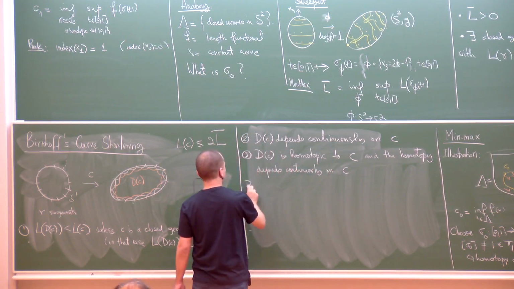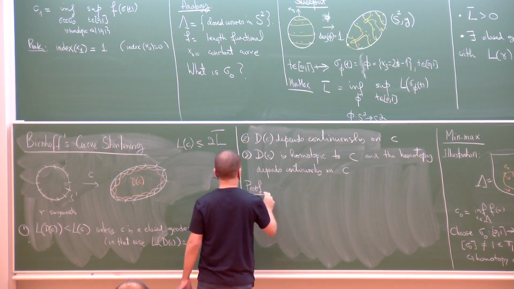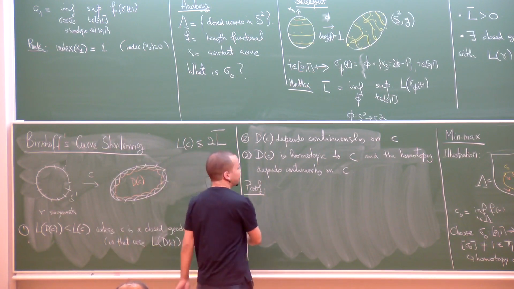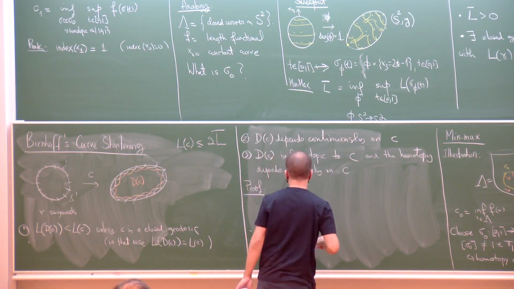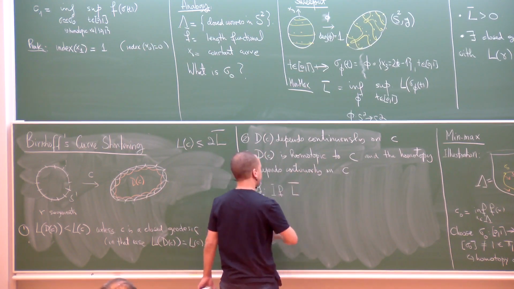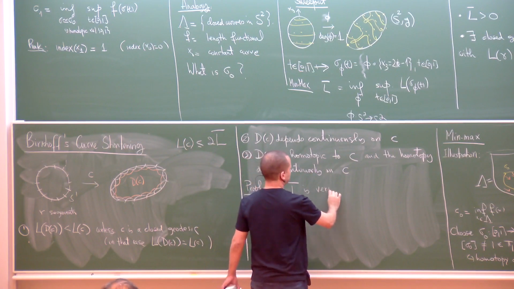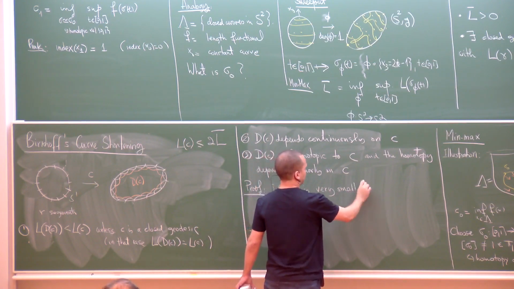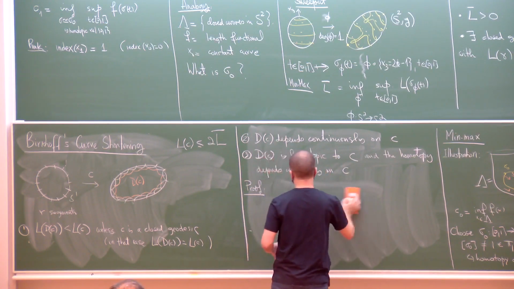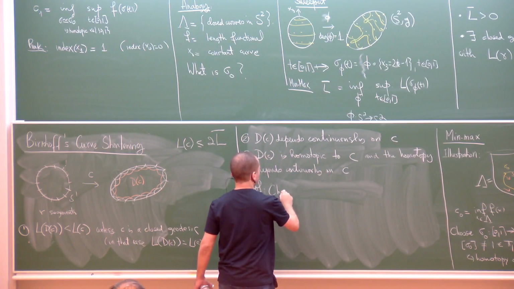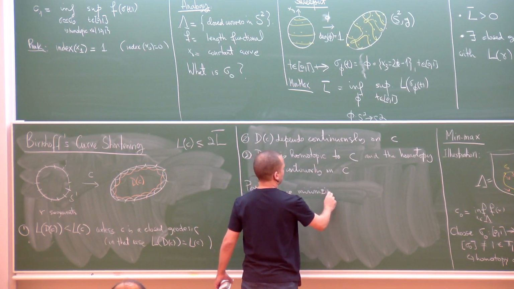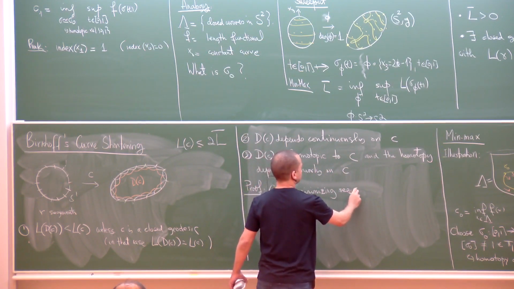So now we can prove Birkhoff's result, that there's always a closed geodesic. First one has to show that L bar is positive. Okay, let's choose a minimizing sequence. What is that?